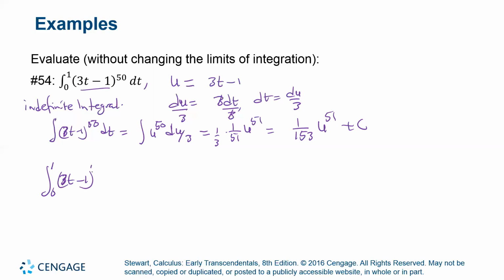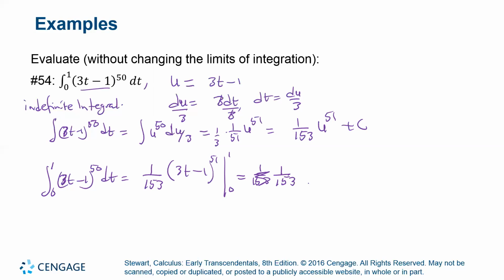then this is equal to 1 over 153. What is my u? u is 3t minus 1, and this is raised to 51. We substitute 1 and then 0.